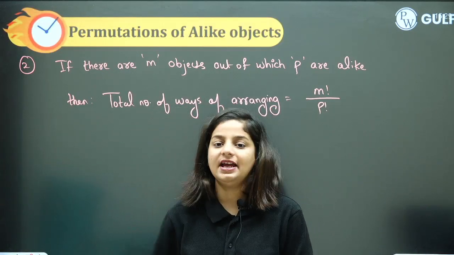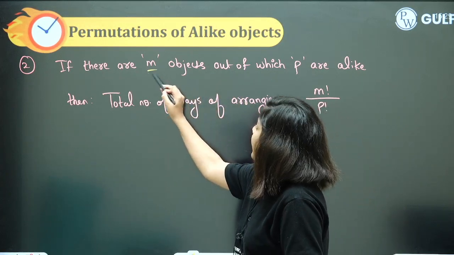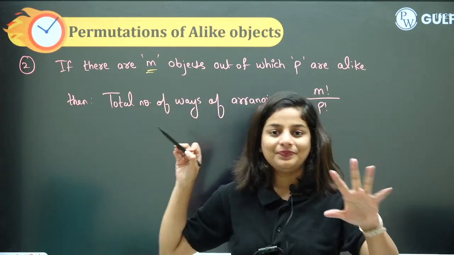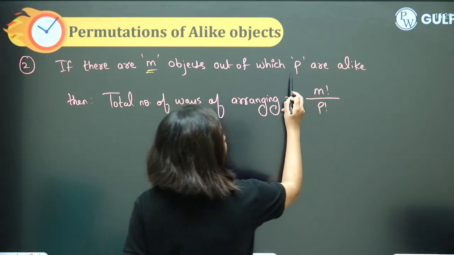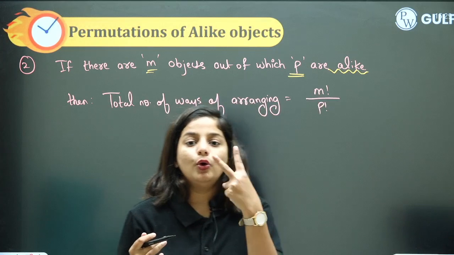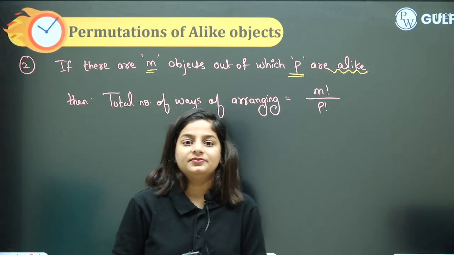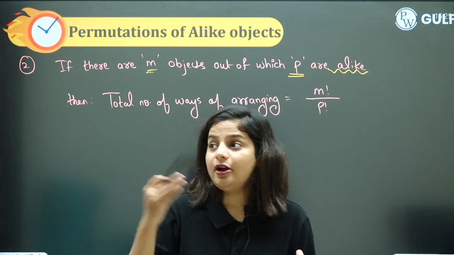Question solved. The second type of permutation is when there are m objects given to you and out of them p are alike. That is, identical, looking exactly the same. I'm not talking about when objects are repeated.